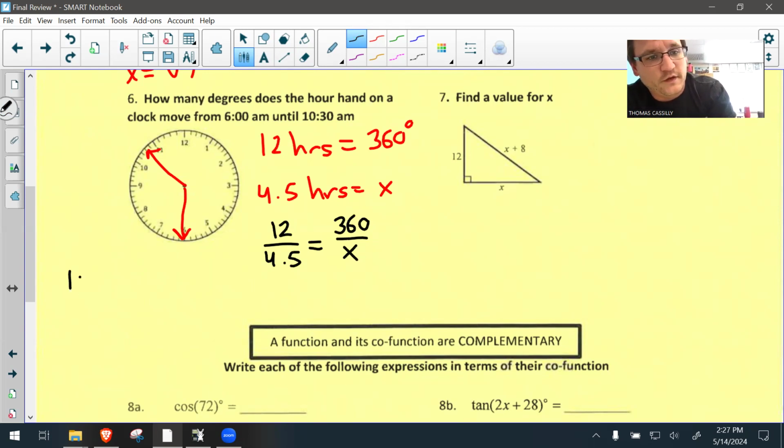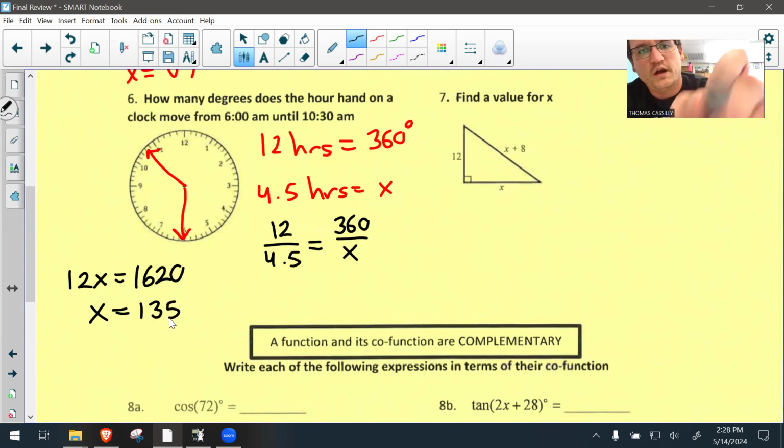I'm going to go over here to save some room. 12x equals, I don't know what that is, 1620. All right, divide both sides by 12, and we're going to get 135. All right, but I need to mention something because this is moving counterclockwise.